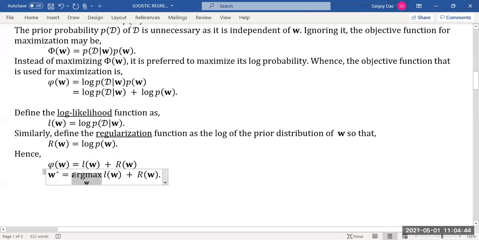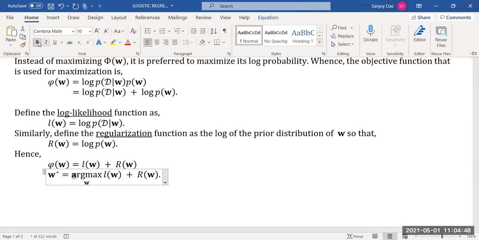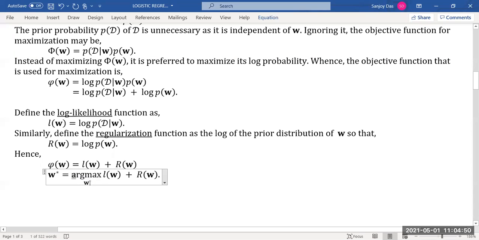Hence W star equals the argmax with respect to W of L of W plus R of W.